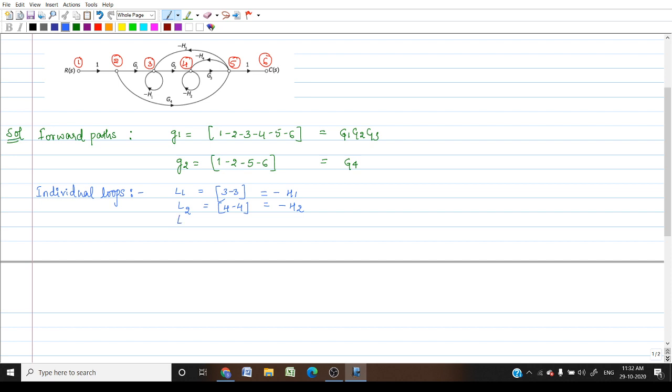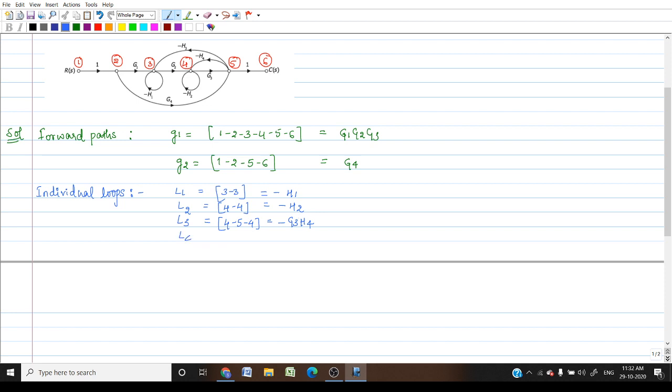Then we have the third loop, L3. This third loop is from 4, 5, 4. So we have a loop there, 4, 5, 4, and the loop gain is minus G3 into H4.